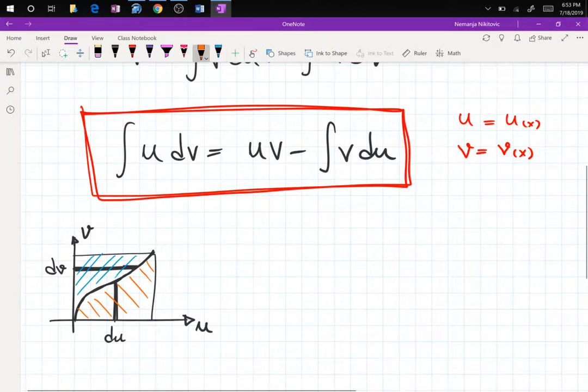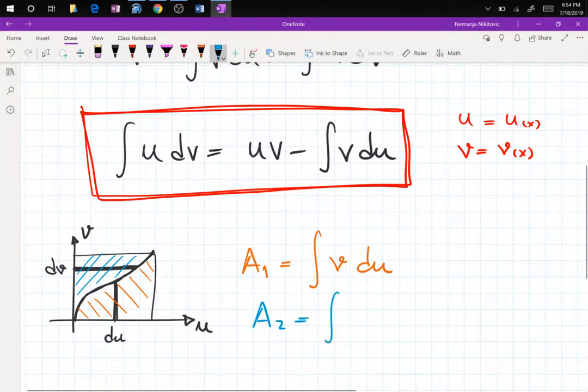The orange area, A1, is going to be the integral of, see, the v-axis is a function, so it's the integral of v, and u plays the role of x, so v du. You also see du here for orange. The blue one, area 2, is the integral of, now for the horizontal one, the function is u. So u and dv, which you can see right there.